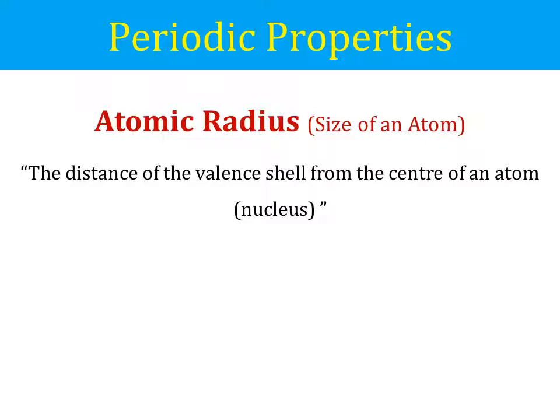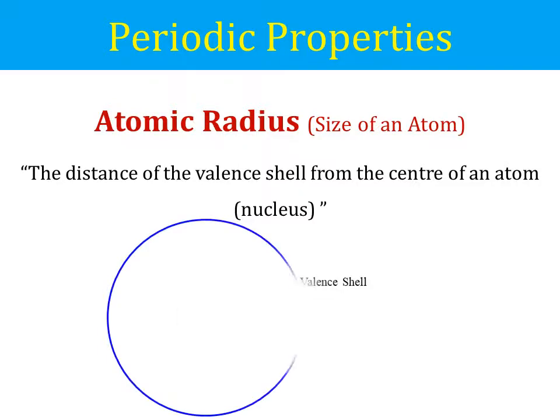So there shouldn't be any confusion regarding that. The nucleus is at the center and the distance is up to the valence shell. So this is how it looks. You can check out the diagram over here. The nucleus at the center, from the center up to the valence shell, that's what we call the atomic radius.